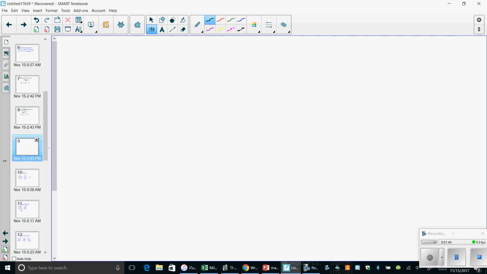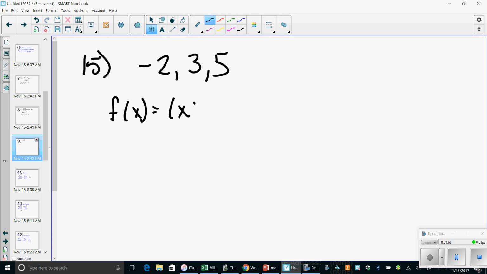All right, 15. This one's kind of a little bit, 15 and 16 are difficult. They want a polynomial function of degree 3. That means it's going to have 3 factors with -2, +3, and +5 as zeros. So that means my factors would be x plus 2, because that would give me -2 as a 0, x minus 3, and x minus 5.